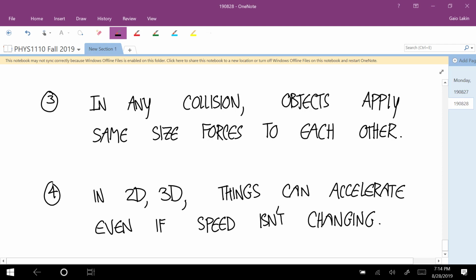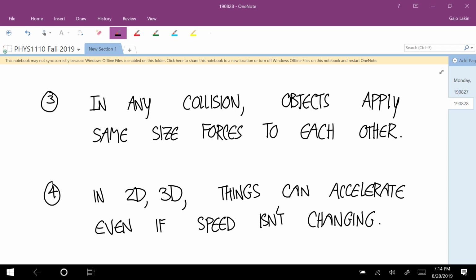So like if you're in a car and you take a really sharp turn, even if you don't change the speed of the car, that feeling in your stomach is acceleration. And the reason for that is turning is a kind of acceleration, it produces acceleration, just like speed changes do.